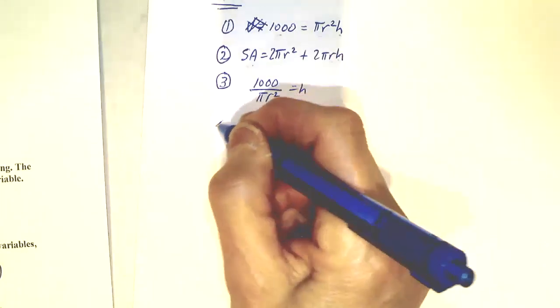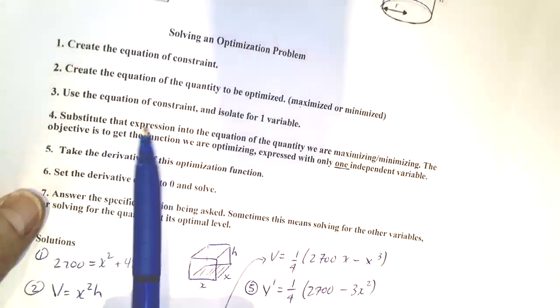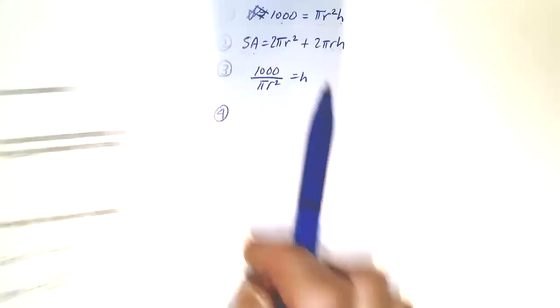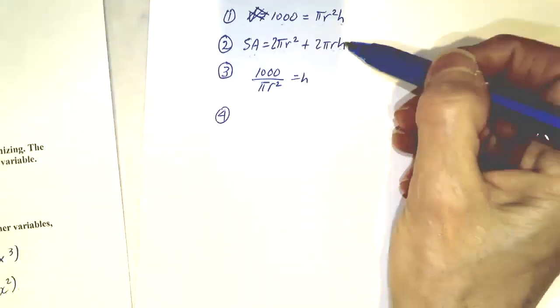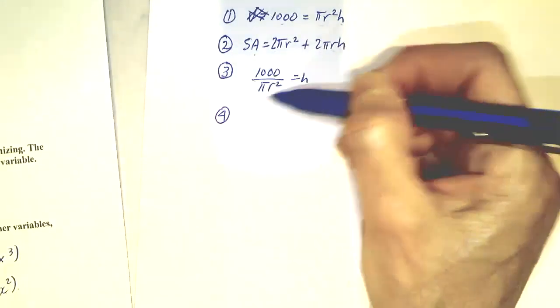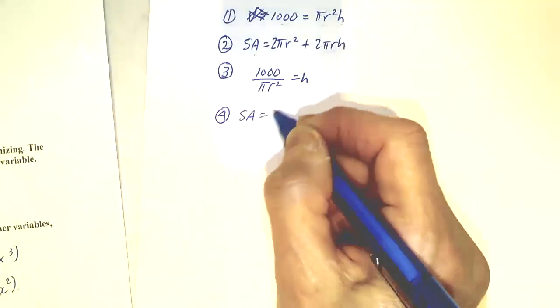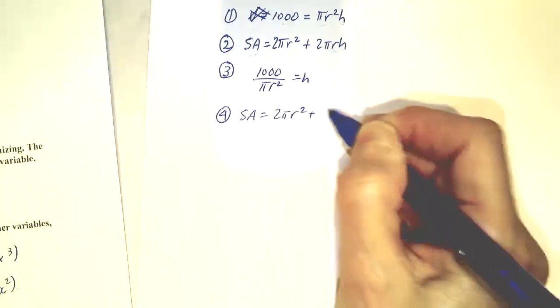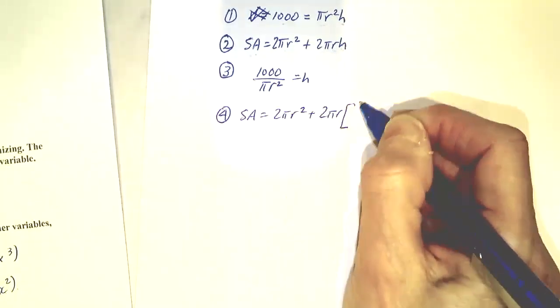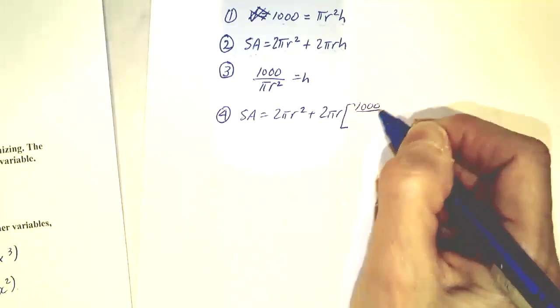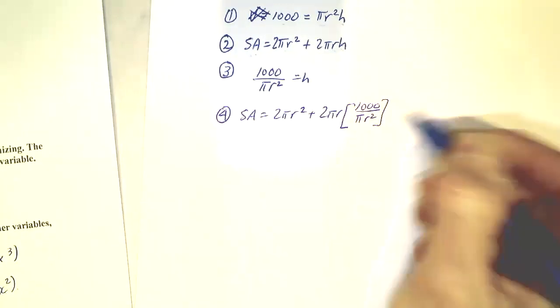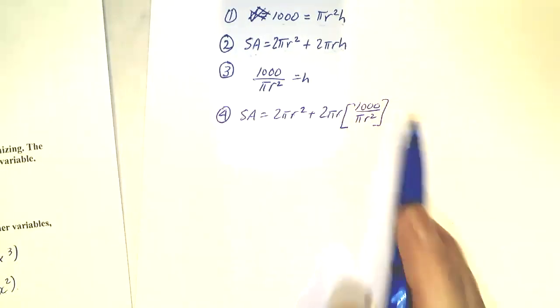Then when you go to step 4, the rule says substitute this expression into the equation that we're maximizing. In other words, take out the h and put this expression in, and we get this lovely equation, which, if you look, no longer has too many different variables, it just has r's.